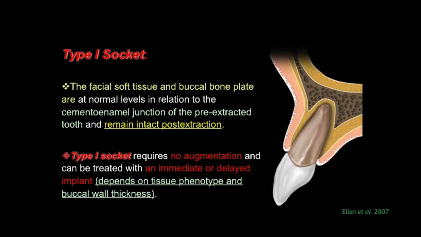After extracting the tooth, the soft tissue and the buccal bone are still there. Type 1 requires no augmentation after extraction. You can put the implant immediately, but you can put a little bit of bone in the jumping gap. So it is similar to type 1 extraction in the previous classification.